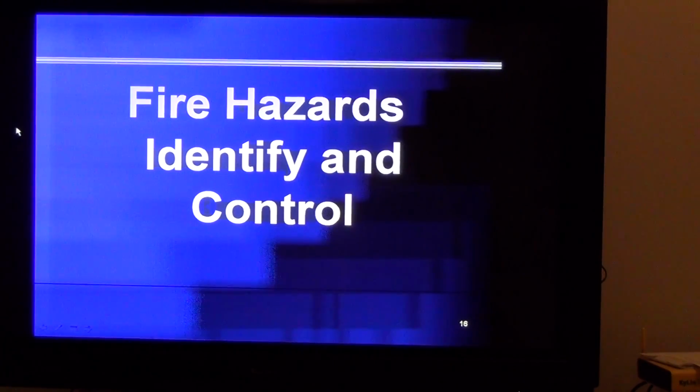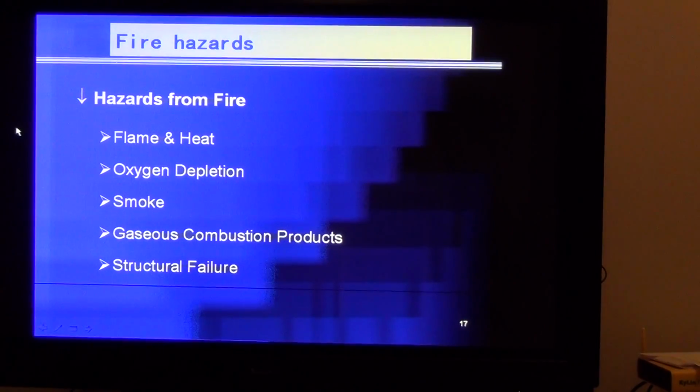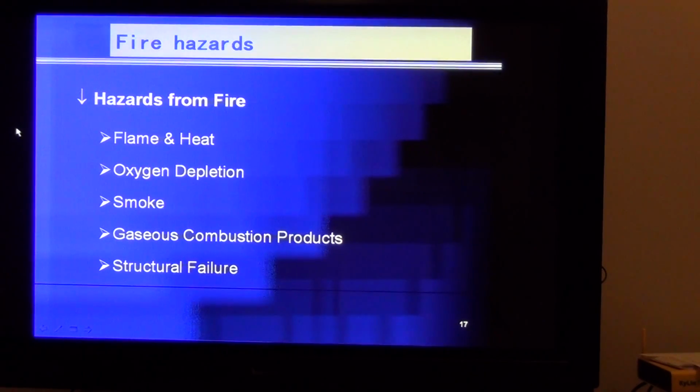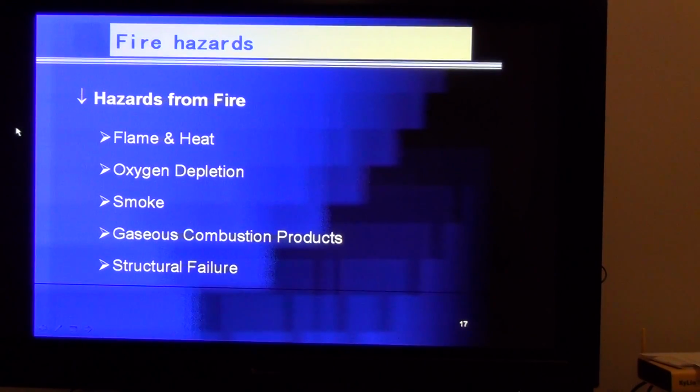Now we will talk about the fire hazards, identify and control. So first we will talk about the fire hazard. Following are most of the important hazards from the fire.